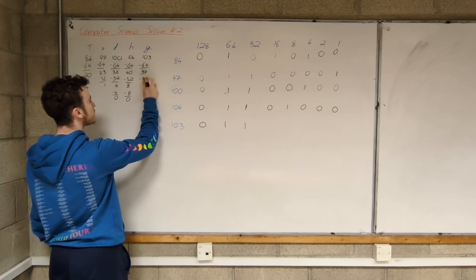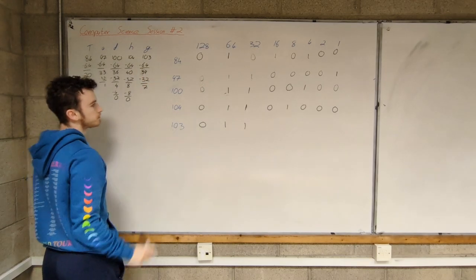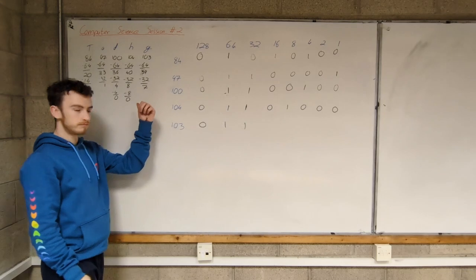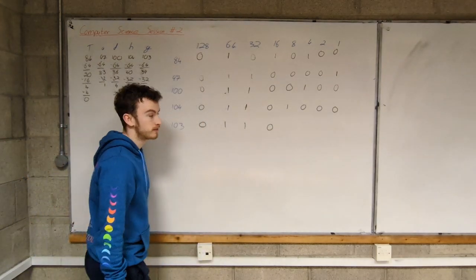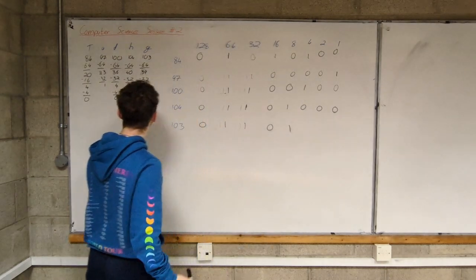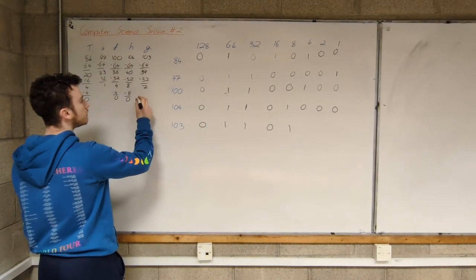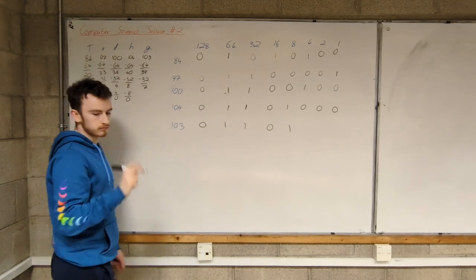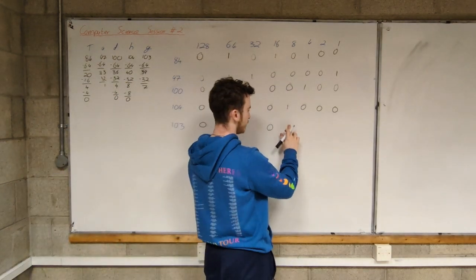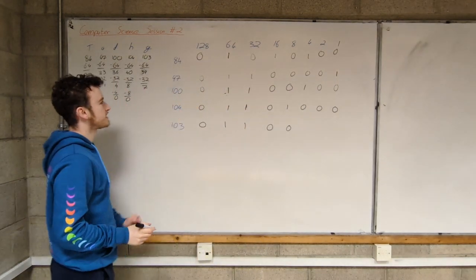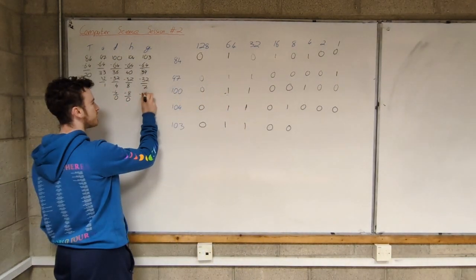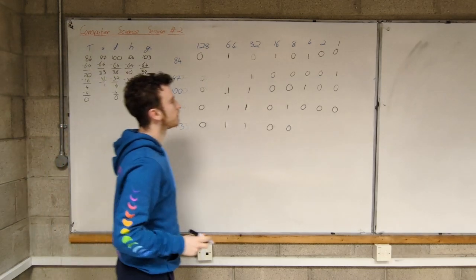So 39 minus 32 is 7. 16 into 7? Nope. 8 into 7? No, sorry, I was thinking 7 into 8. 4 into 7? Yes. So 7 minus 4, going to give us 3.